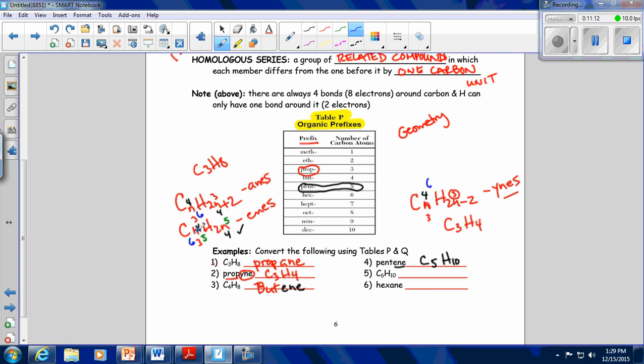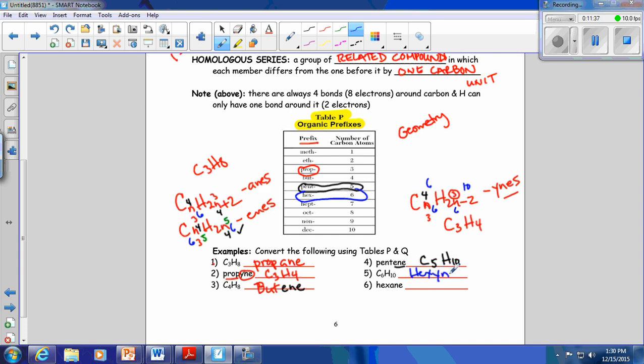It's 12. That's too many. Let's go to this one here. 2 times 6 is 12, minus 2 is 10. That's the one right there. So we've got C6, which is hex. We're going to finish with, because we're using the alkynes, Y-N-E.